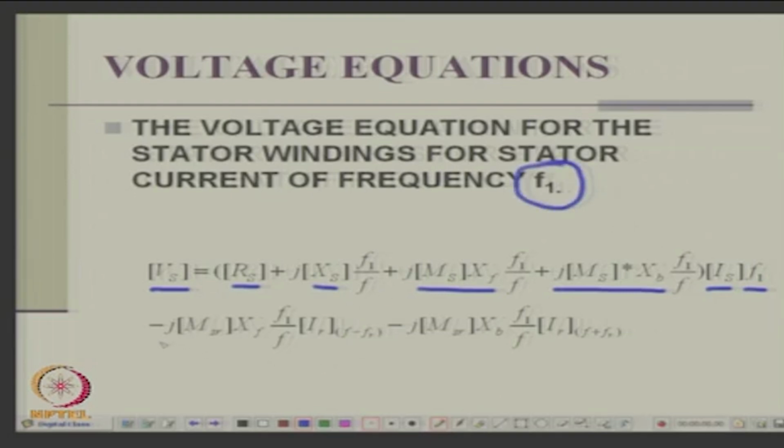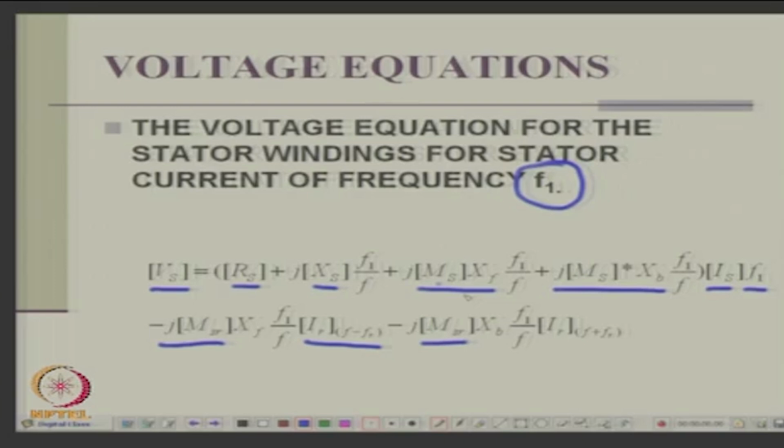Then, as we said, there is a mutual reactance matrix MSR. This MS is the self reactance matrix, and we will see what it is anyway, into XF into IR into F minus FR. Then another is MSR XP into F1 minus F. I think there is a mistake here.